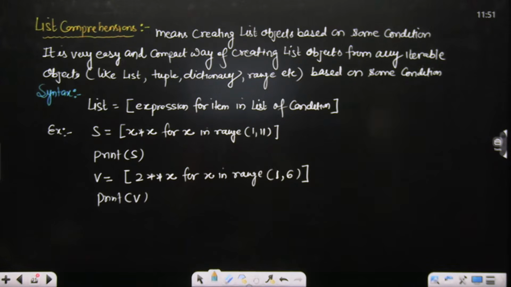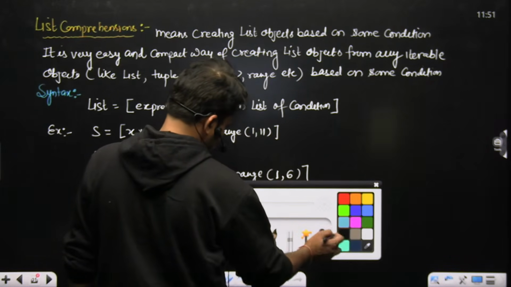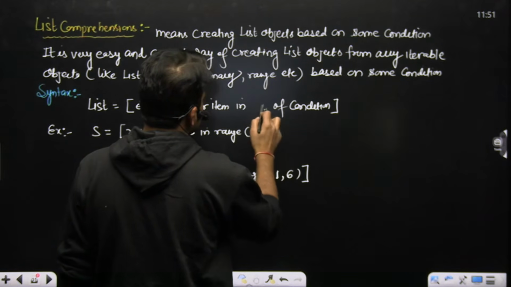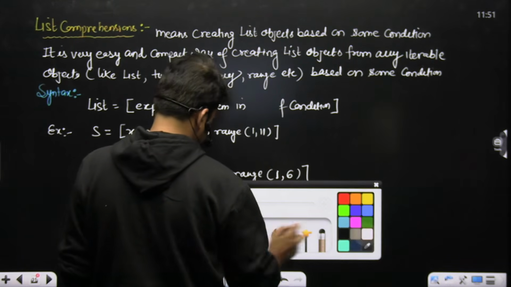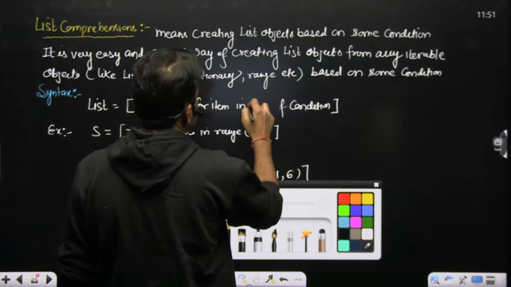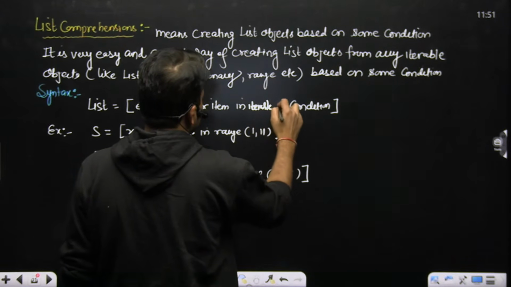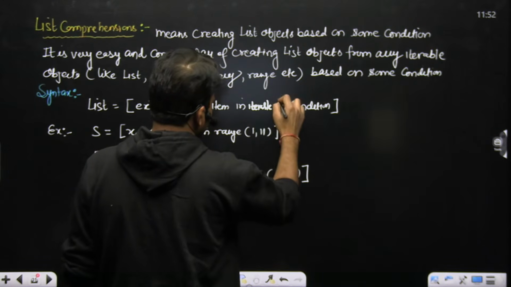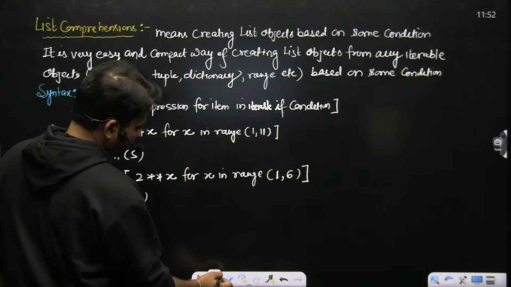So this is the syntax: list equals expression for item in iterable if condition.